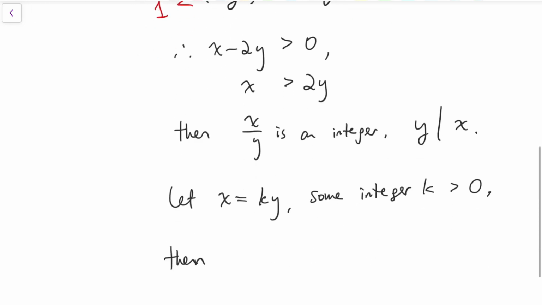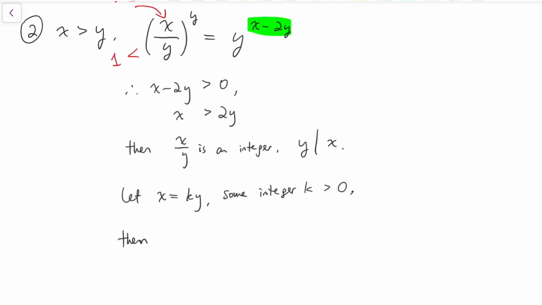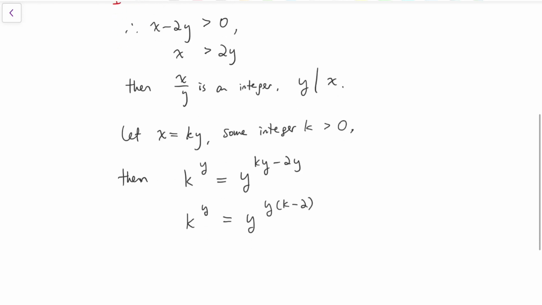Then our equation becomes x over y equals k, so k to the power y equals y to the power ky minus 2y, and then k to the power y equals y to the power y times k minus 2, taking out the common factor in the exponent, and so we have k equals y to the power k minus 2.